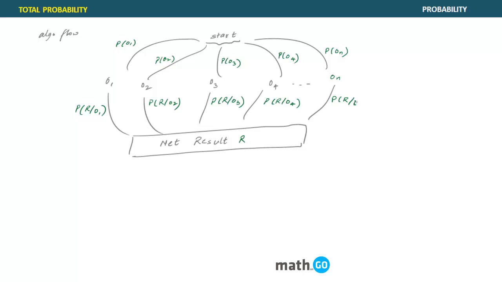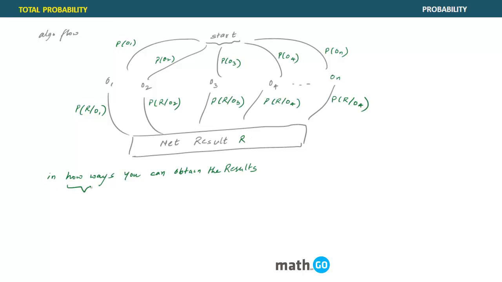Now total probability means in how many ways you can obtain the result, or what is the probability of obtaining the result, right?